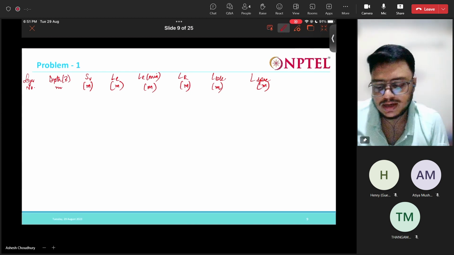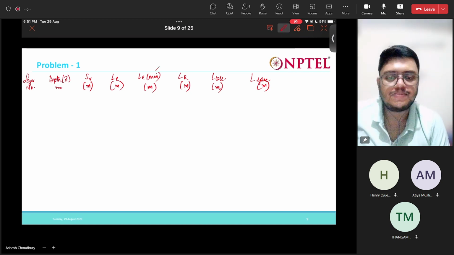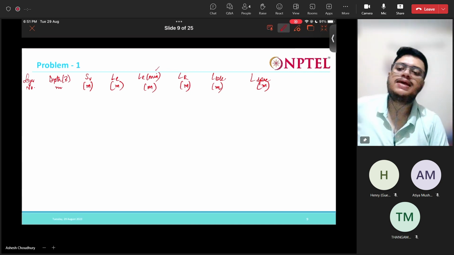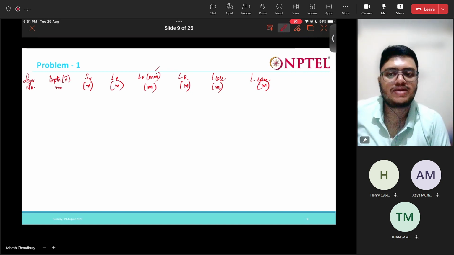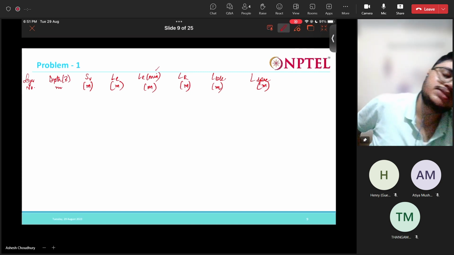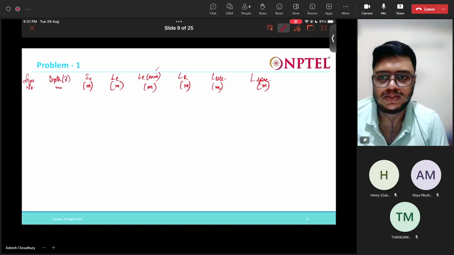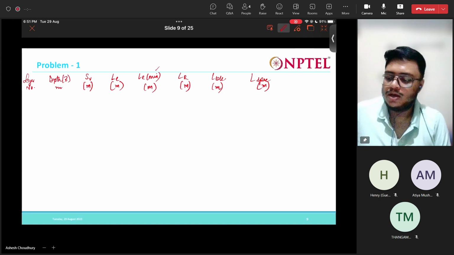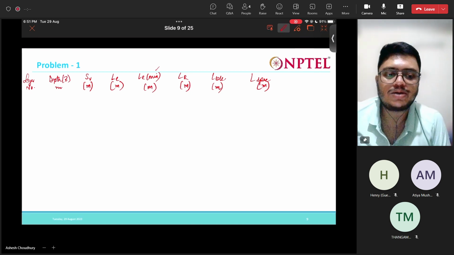Whatever our LE comes out after calculation, if it's less than LE minimum, we will provide LE minimum only.